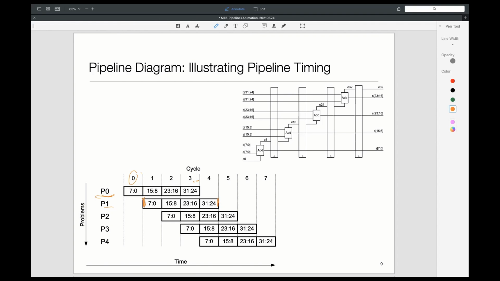We observe that one new task here, which is addition of 2 numbers, right? One new task every clock cycle, and the second thing is we are doing 4 tasks at any time at different stages.